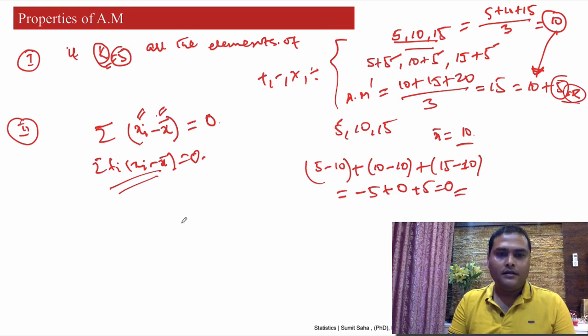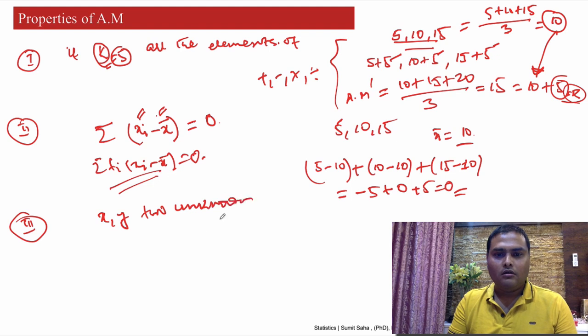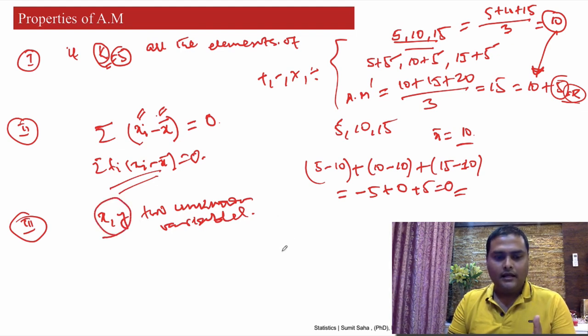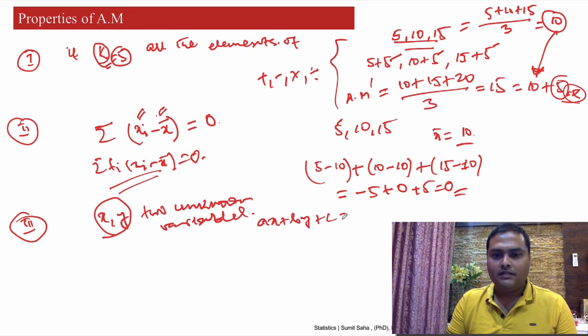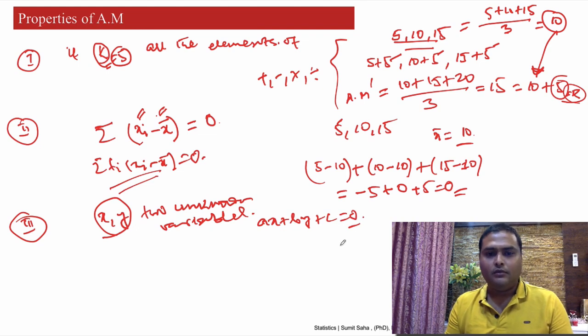Now what is the third property? Let's say you are given x and y, two unknown variables, and these two variables are related by a linear equation, let's say ax plus by plus c equals 0.